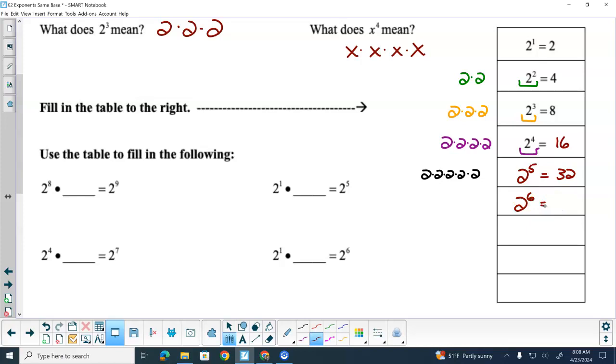Yeah. 2 to the 7th power. 128. 2 to the 8th power. 256.